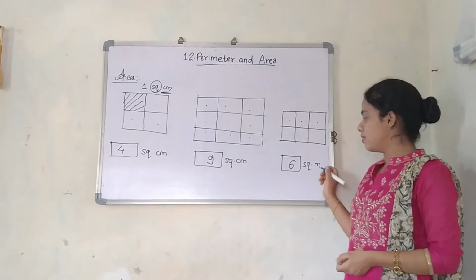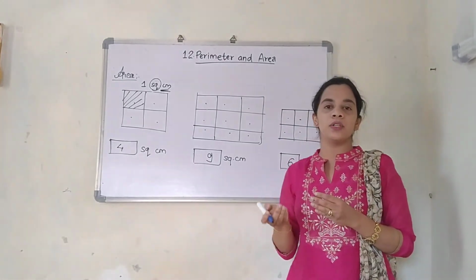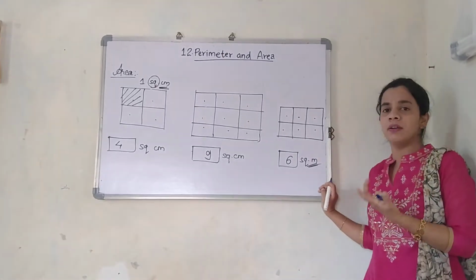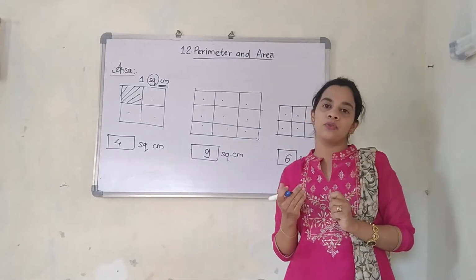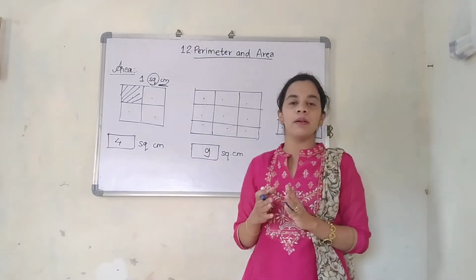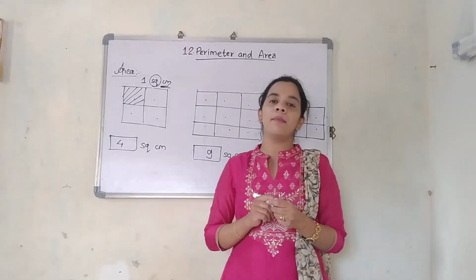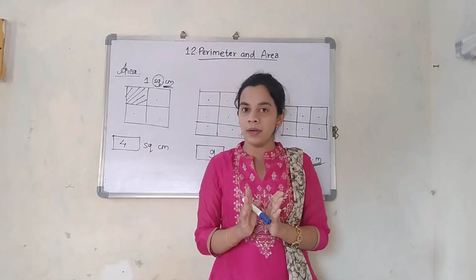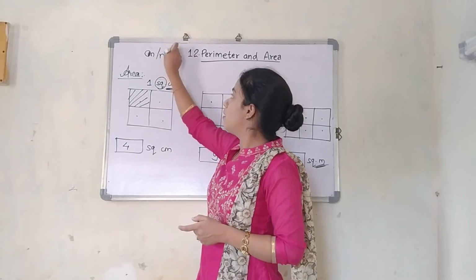Now this can change. If the question is given in meter, you are supposed to write square meter. If the question tells you centimeter, you are going to use square centimeter. If there is no unit given, you are supposed to use square unit. It totally depends upon the question itself. So remember that area is the place occupied by an object, so the unit is always square centimeter. For perimeter, you always use centimeter, meter or units.